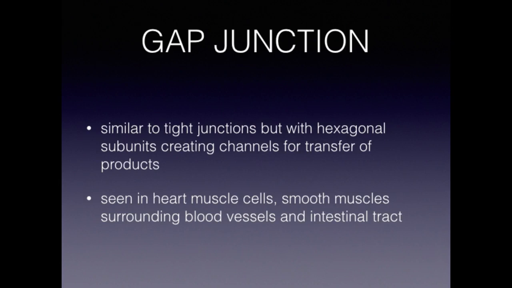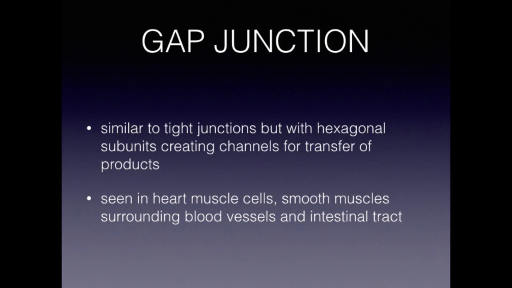They're hexagonal in shape, a little cluster of these small channels in a hexagon pattern, and they pass between the two cell membranes. So they act like little portals that allow the cytoplasm of one cell to flow into the cytoplasm of the next cell through these little hallways or channels.